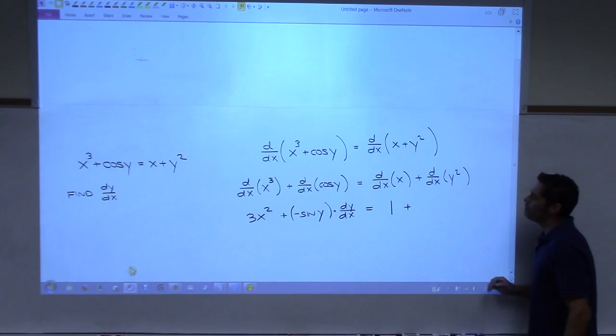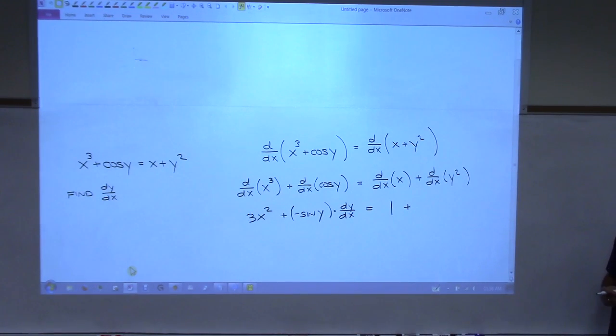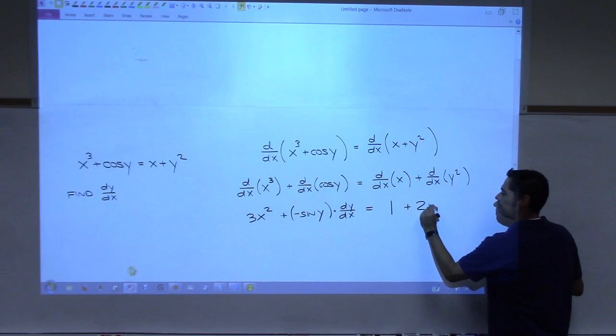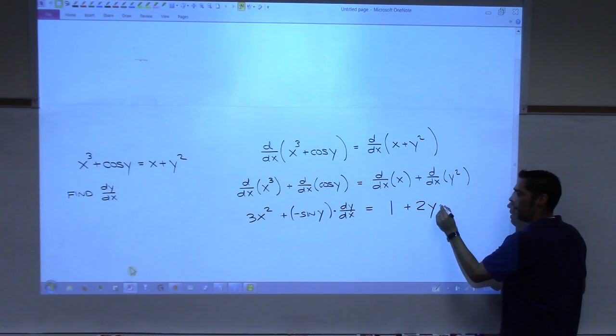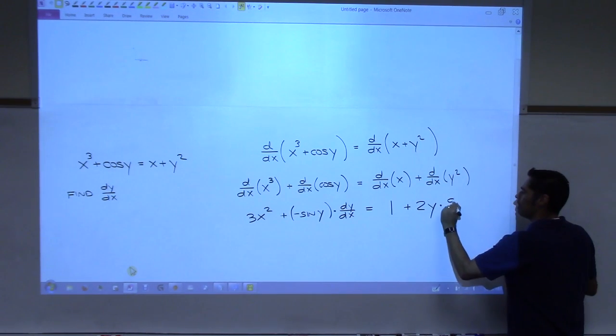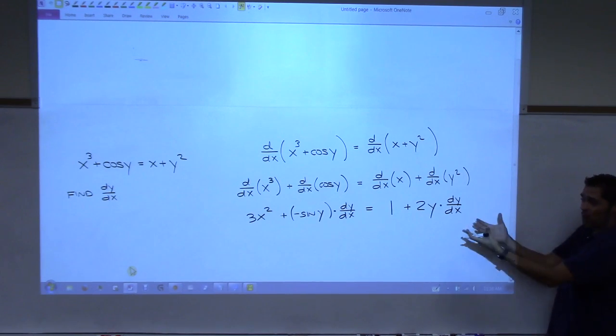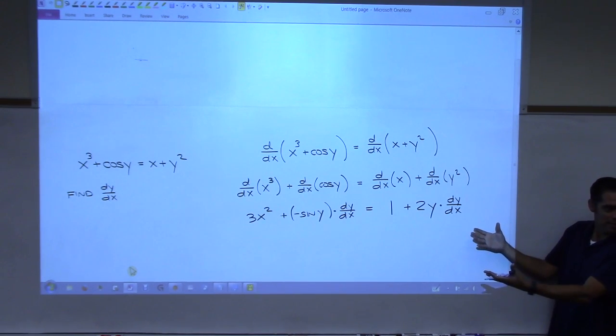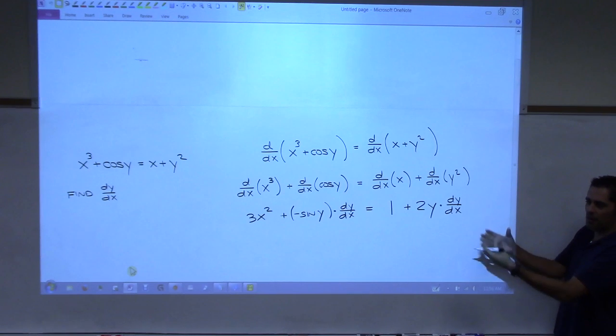Plus, all right, what's the derivative of something squared? 2 times that something, chain rule, times the derivative of what's down there. dy dx again, right? So guess what? It's appeared twice. That's okay, but at least it's there, right?